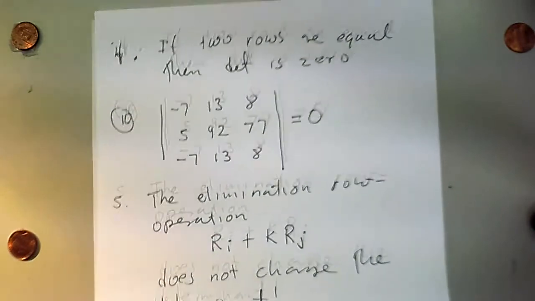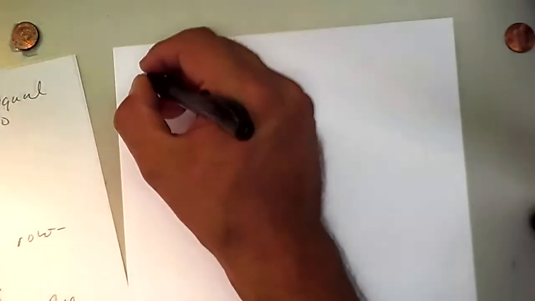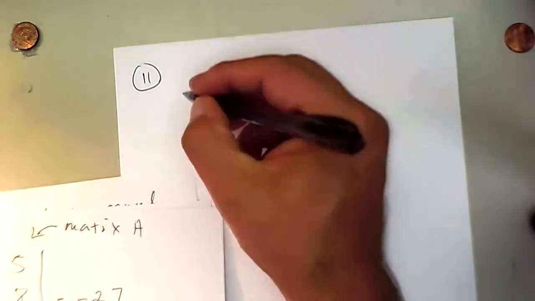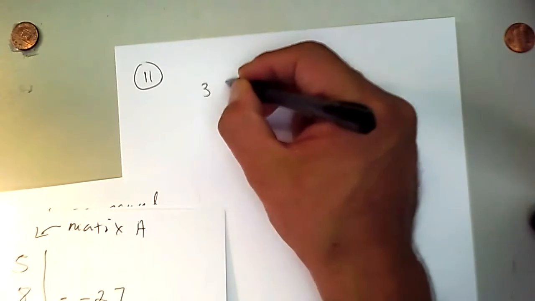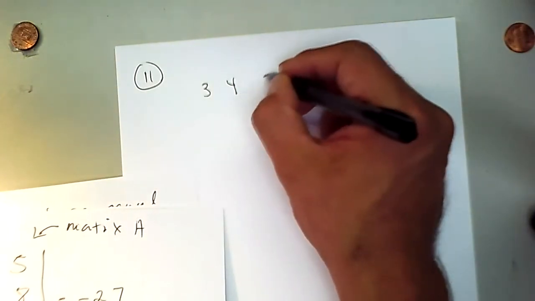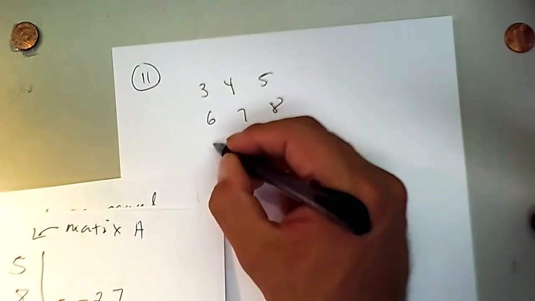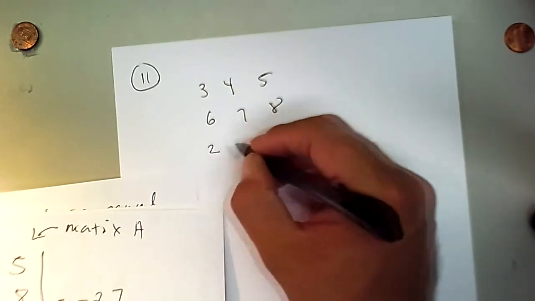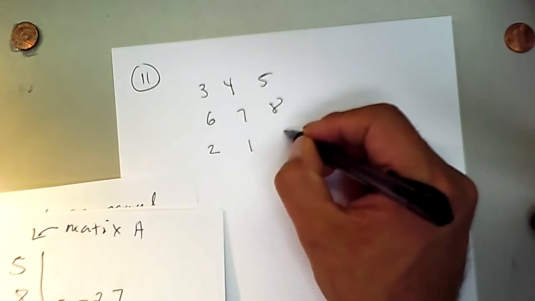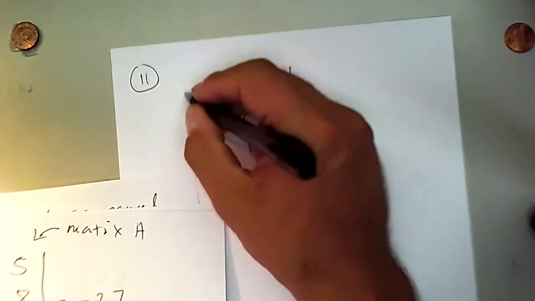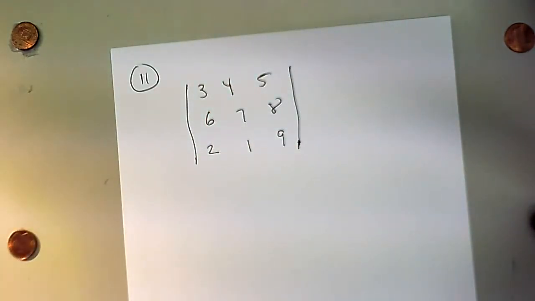Okay, let's look at an example. I know I'm using the same example several times, but there's comfort in using the same example several times. Let's say we want to do 3, 4, 5, 6, 7, 8, 2, 1, 9, and we wanted to do this determinant from scratch.